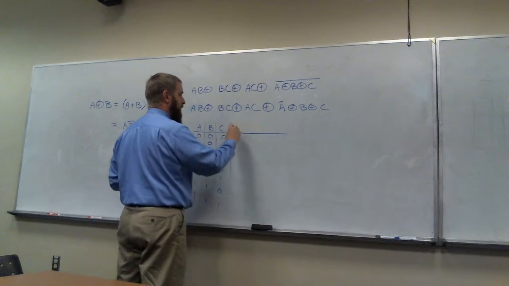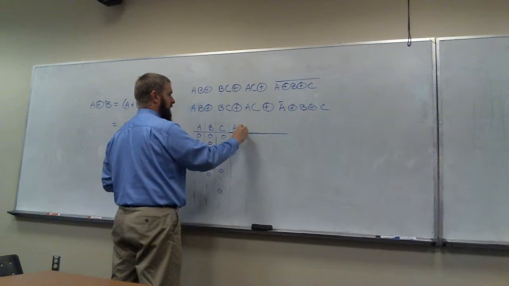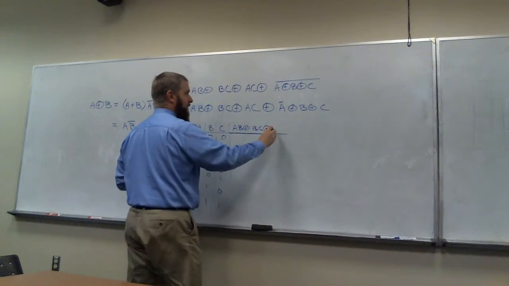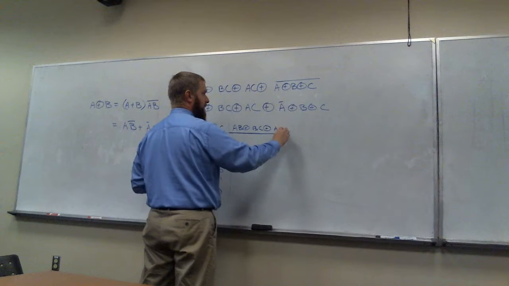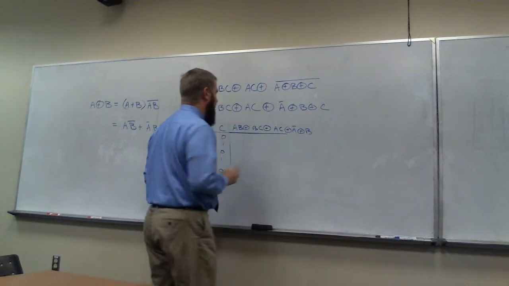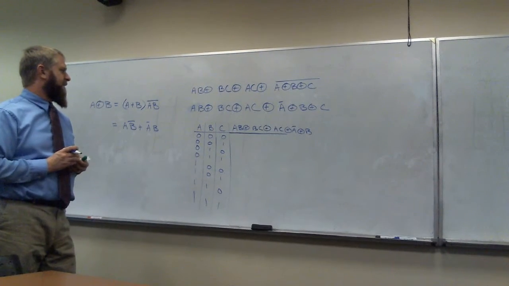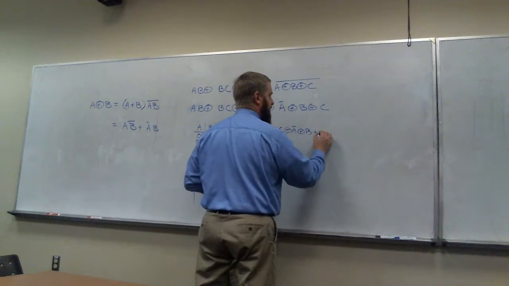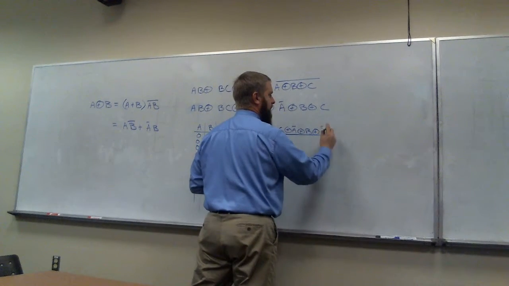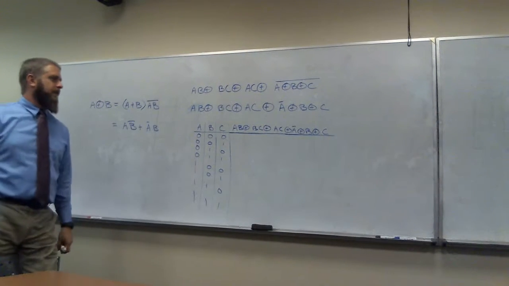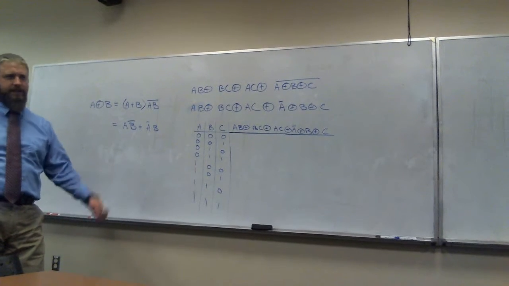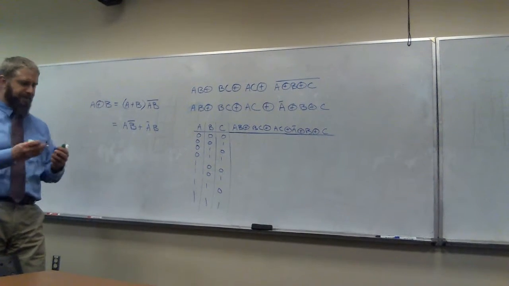We want to know AB XOR BC XOR AC XOR A-not XOR B. Let's just stick to that. I think maybe we could simplify that a little bit before we threw it in the truth table, but let's just jump in head first.